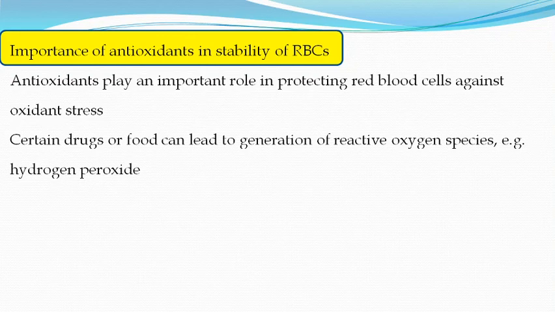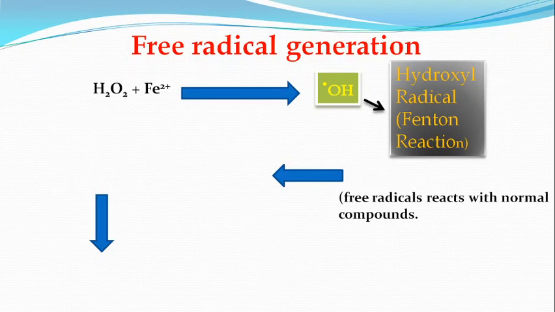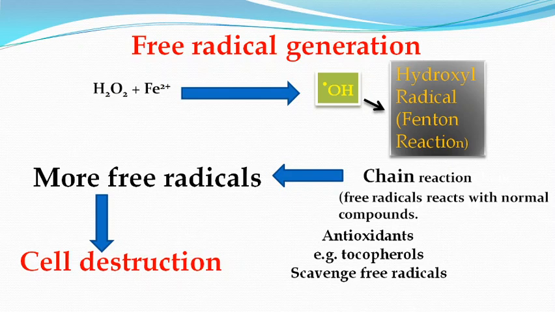They can produce hydrogen peroxide. The hydrogen peroxide generated can carry a chain reaction in which free radicals react with other normal compounds, converting them into free radicals.